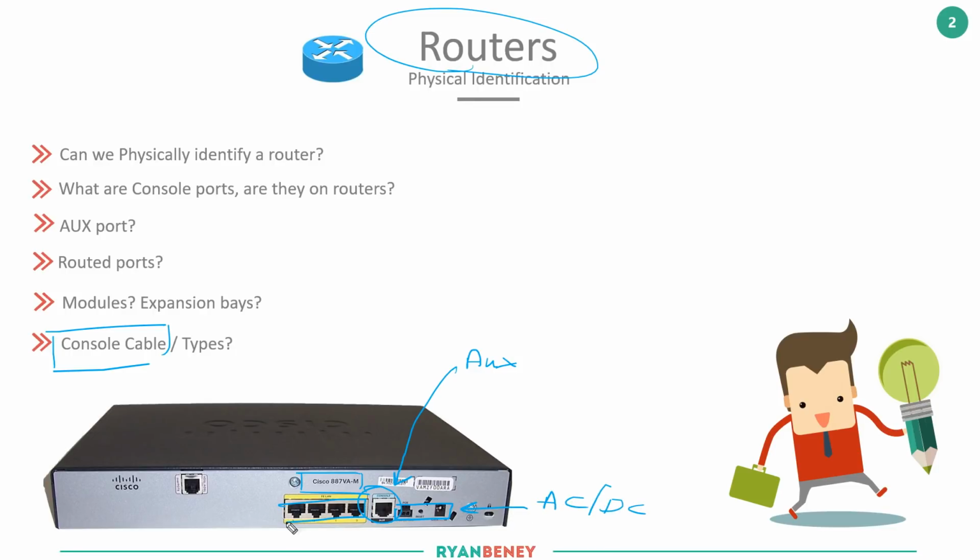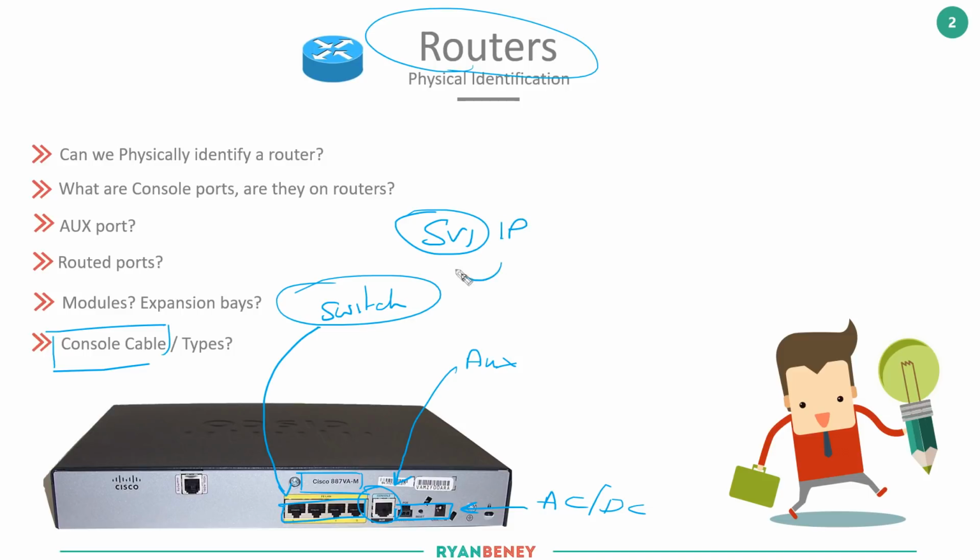We have 4 ports here, and they're Fast Ethernet ports represented by that yellow color again, and these are actually switch ports, so they don't have routing capabilities, but you can create SVIs, and of course on an SVI you can put an IP address and then route between those SVIs.